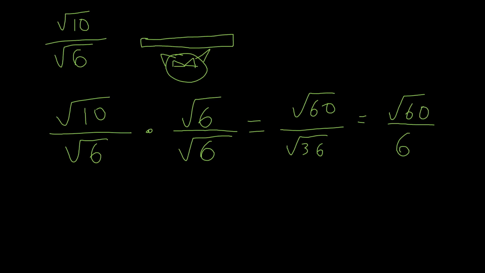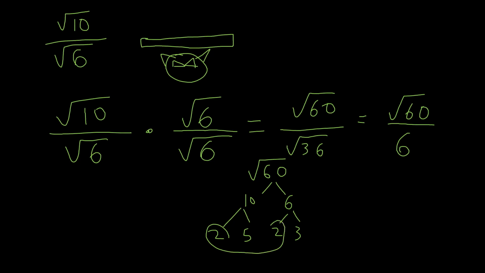Now, can we simplify the square root of 60? Yes, we can. So let's see what that is. We use our tree method. It's 10, 6, 2, 3, 2, 5. We circle all the ones that are similar, and then we know that these two are going to be the single number.